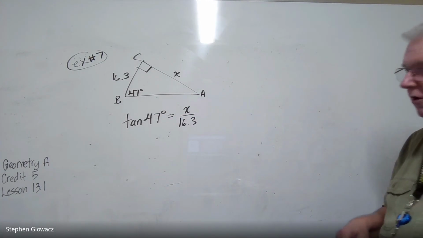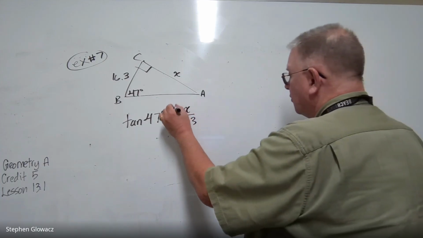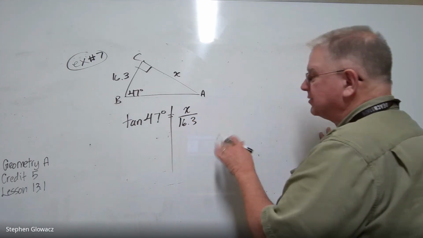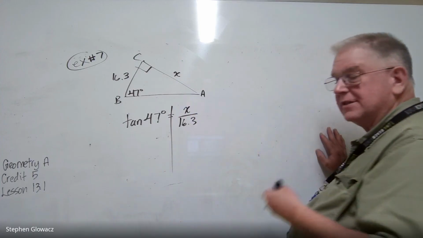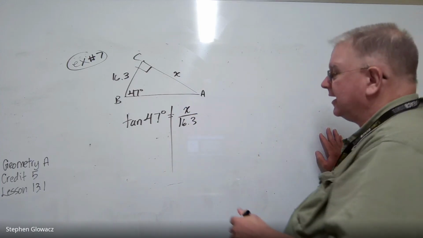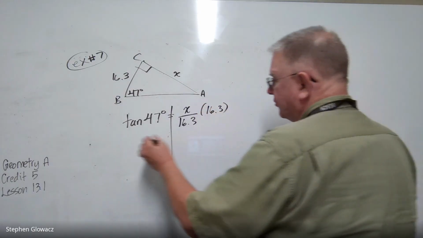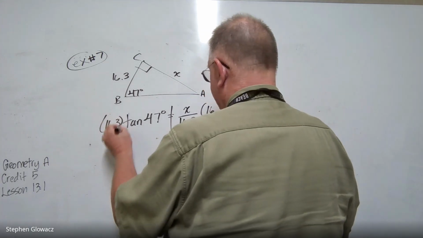And now we just have to solve that equation. So X is over here on the right-hand side. Now remember, the fraction bar indicates division. So the opposite of division is to multiply. So the opposite of dividing by 16.3 would be to multiply by 16.3.